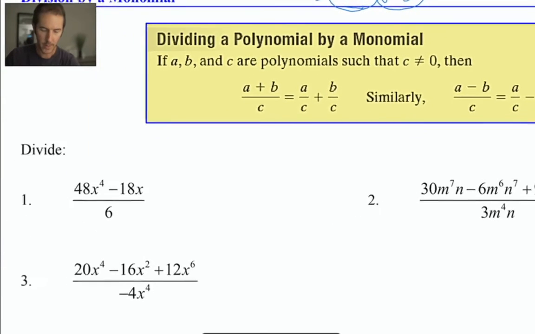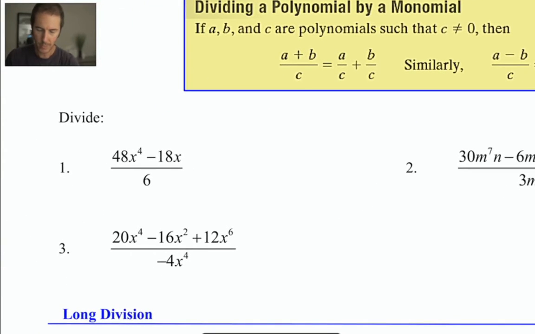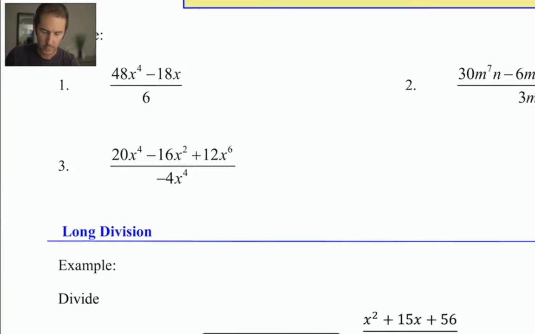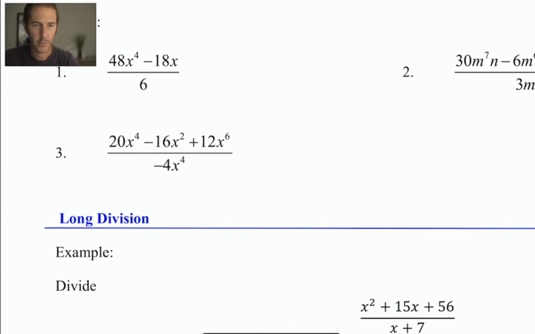All right, let's give it a try. Problem number 1's too easy. Let's do problem number 3. That looks a little bit more challenging anyway. And I think that when a problem starts to look this complex, it's got some moving parts here. Let's go ahead and actually write out the distributed division. So we have the 20x to the 4 divided by negative 4x to the 4.